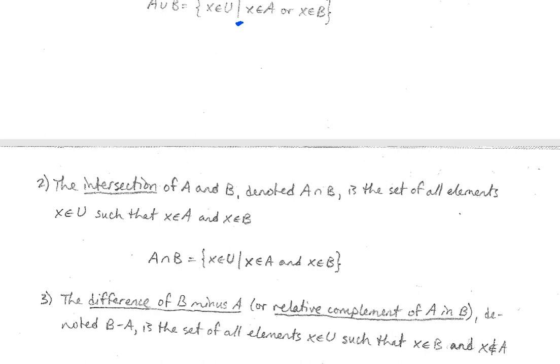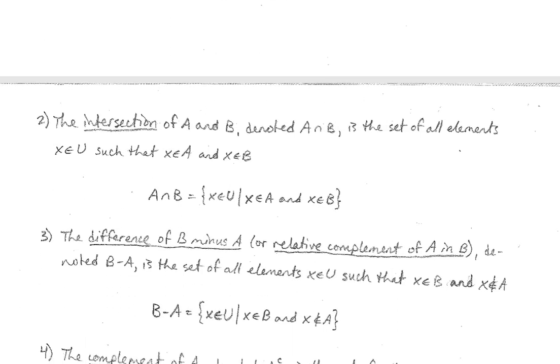This is the set of all elements that are in this universal set U, such that x is in A and x is in B. So for an element to be in the intersection of A and B, it has to be in both A and B. As I said, similar to the conjunction of two statements P and Q. The P and Q both have to be true in order for the conjunction to be true.